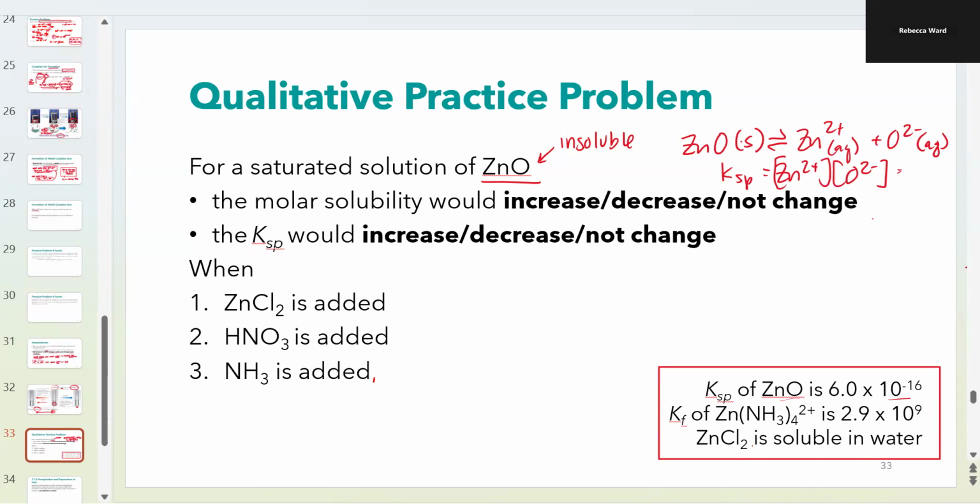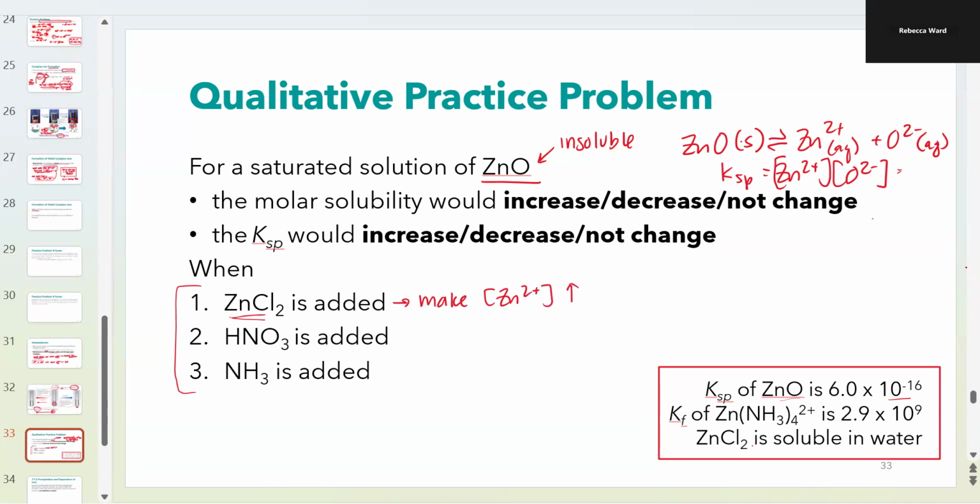Okay, so I'm asking, as I add in these three things, one at a time, not all together, and not in the same solution, what happens to the solubility and what happens to the Ksp? When I add in zinc chloride, which is soluble, this is going to make the zinc 2+ concentration increase.